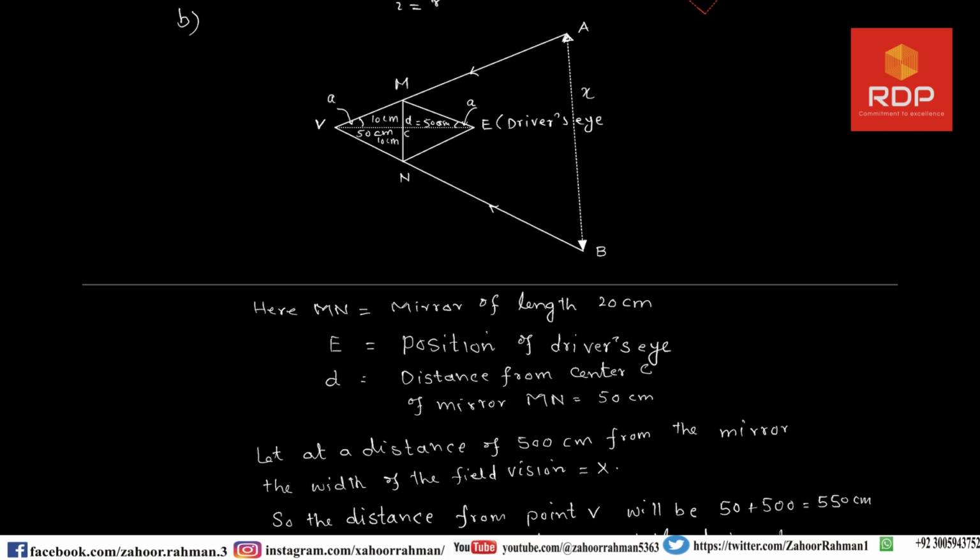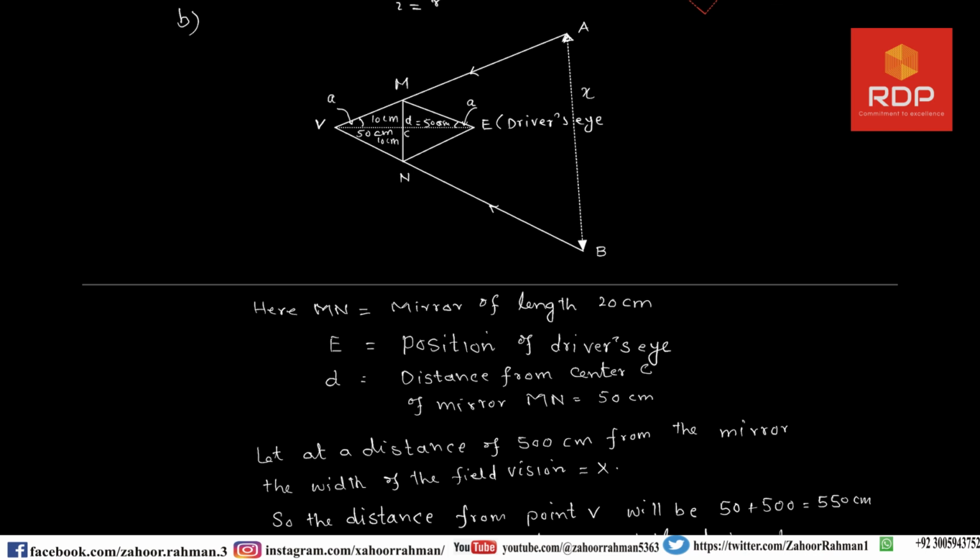If the rear window is 500 centimeter, which is this one, if the rear window, the window at the back of the driver's car, is known as the rear window, and the question is saying that if it is 500 centimeter away from the plane mirror, what length of the rear window can he see whenever he looks into the mirror while he is driving.